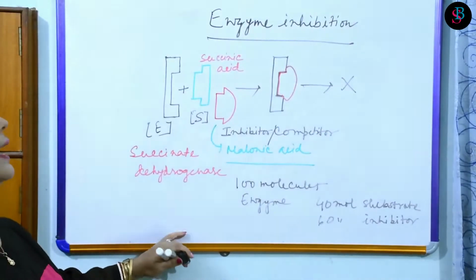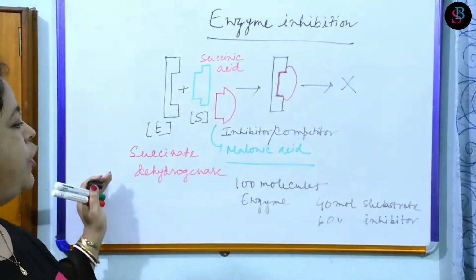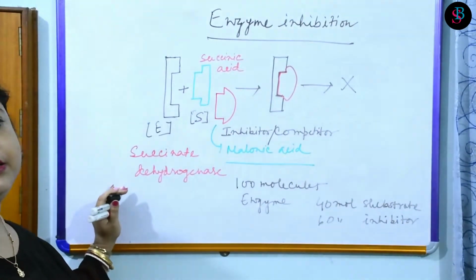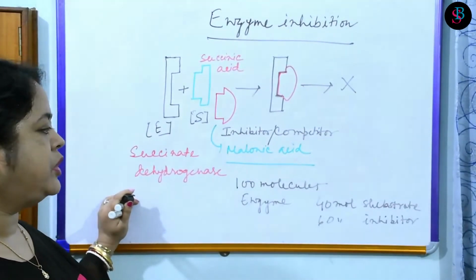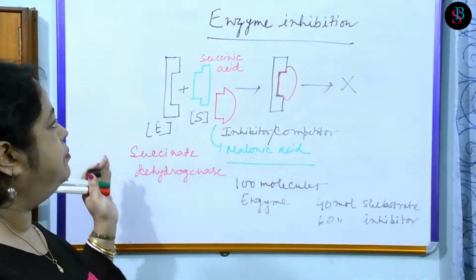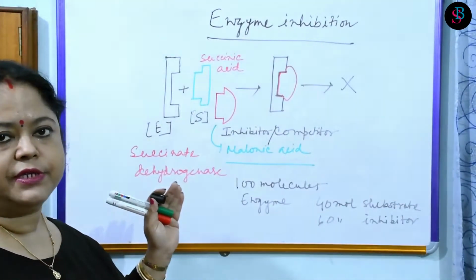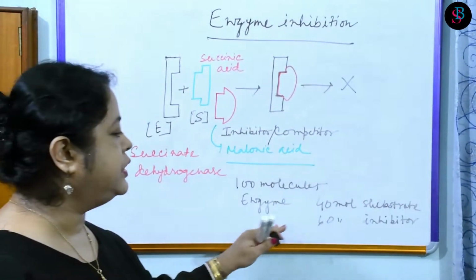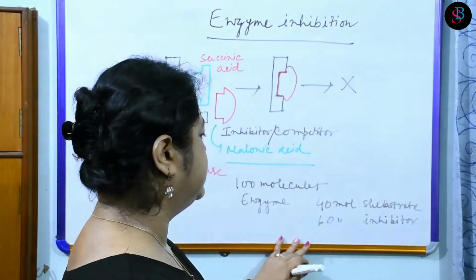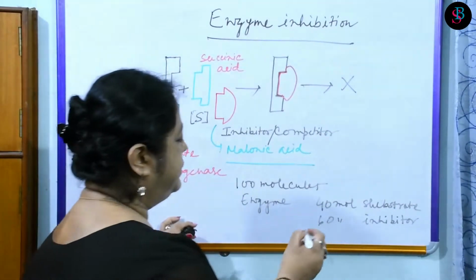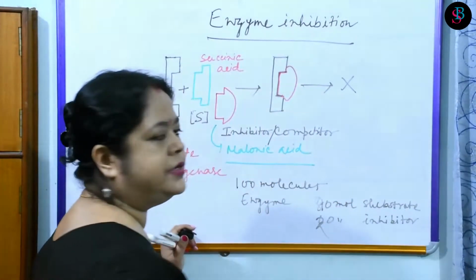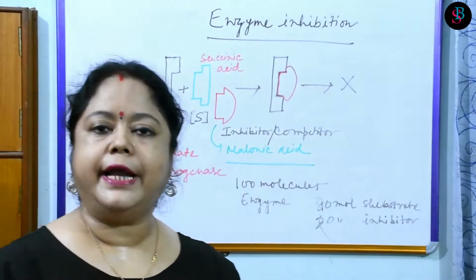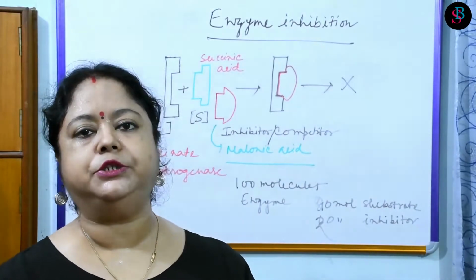Naturally, the active site of the enzyme will be occupied more by the inhibitor. ज्यादा से ज्यादा inhibitor molecule है तो inhibitor molecule occupy कर लेंगे enzyme का active site. Now, if we increase the concentration of the substrate, then suppose it will be 80 molecules of substrate and 20 molecules of inhibitor. So naturally, the reaction rate will be restored gradually.